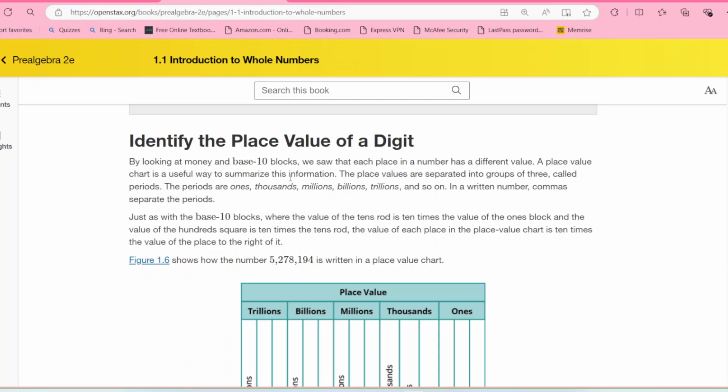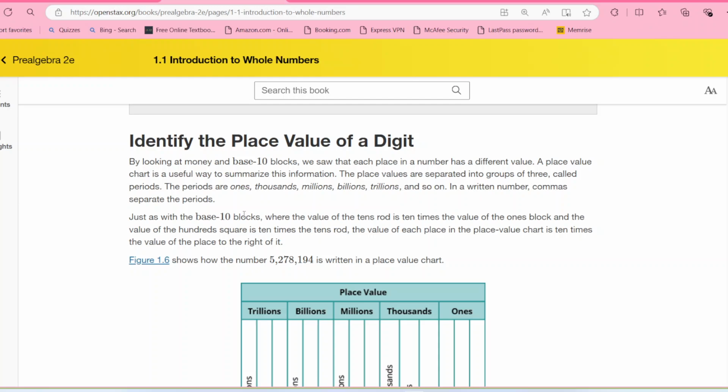A place value chart is a useful way to summarize this information. The place values are separated into groups of 3, called periods. The periods are ones, thousands, millions, billions, trillions, and so on. In a written number, commas separate the periods.